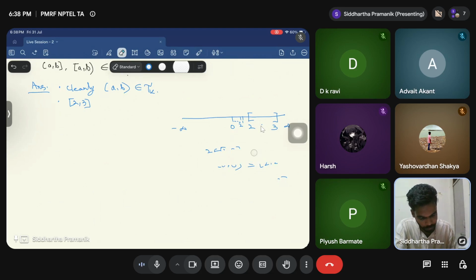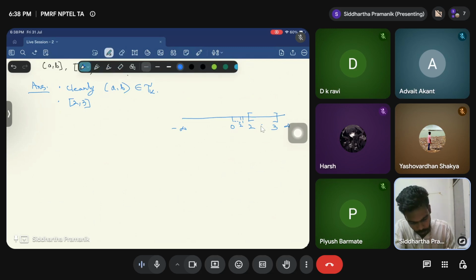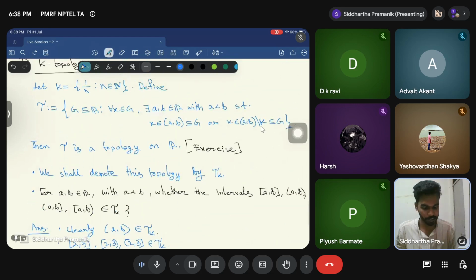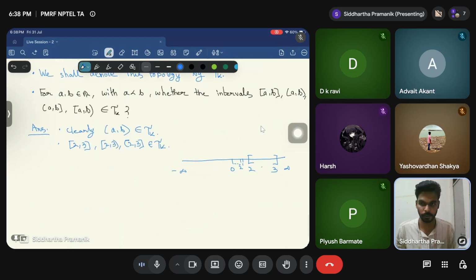This is not difficult. Similarly, if you focus on these kinds of things, these types of intervals are not in tau k. So you just have to observe, sit with it, stare at the definition, and convince yourself. That's all.